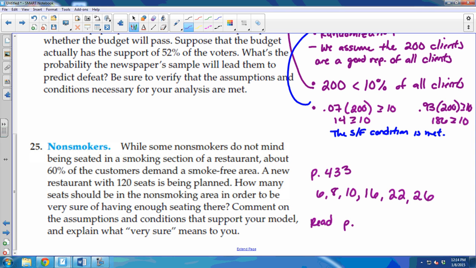Because proportions only work for categorical data. So what about quantitative data? I want you to quickly look over so you have a good idea about what's going on tomorrow. Page 419, the very bottom of that page, to 422, the top of that page. Just skim over that.